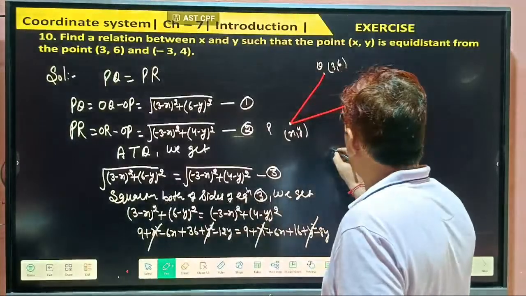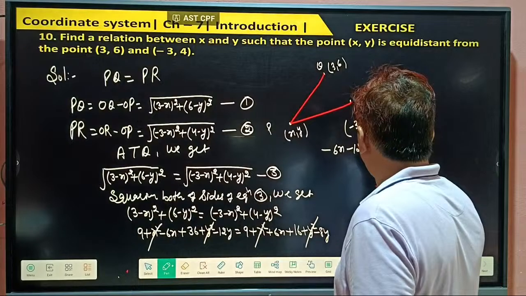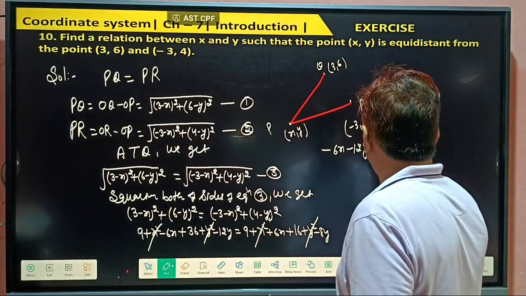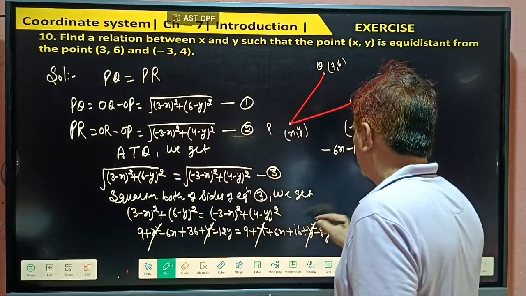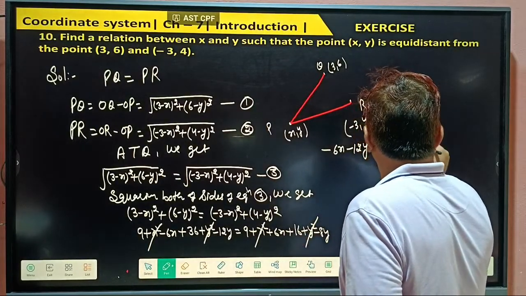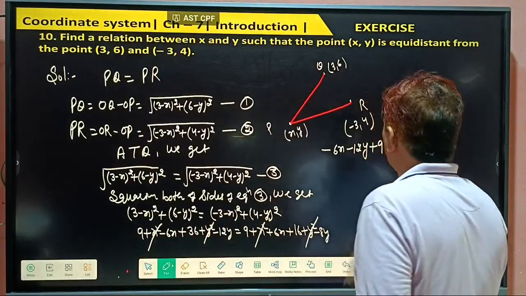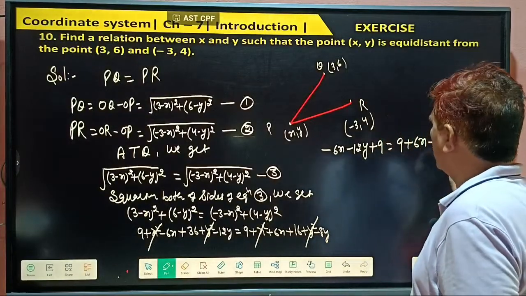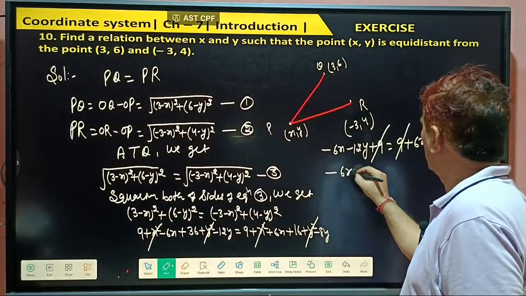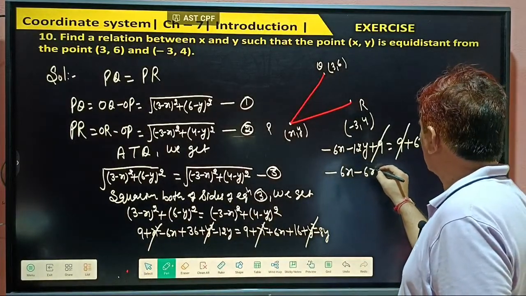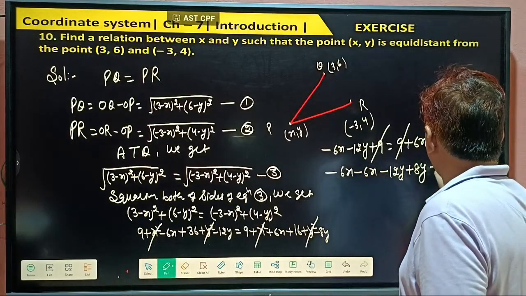Understood? So what is left here? Minus 6X minus 12Y plus 9 equal to 9 plus 6X minus 8Y. So take this to that side, and this also cancels this. So minus 6X, this also minus 6X, minus 12Y plus 8Y equal to 0.